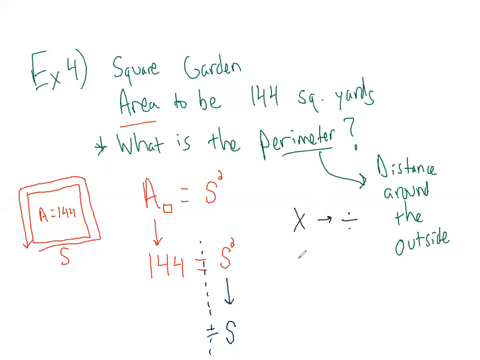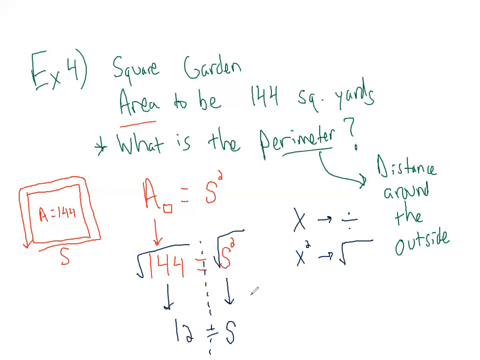So the question is, what's the opposite of squaring? Yes, square root, right? So how do I get from s squared to just s? Square root. And algebra tells me if I do it to one side, I have to keep it balanced and do it to the other. So the square root of 144, if you type that into your calculator, you're going to see that it's 12.